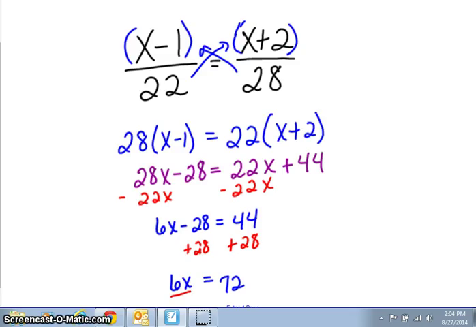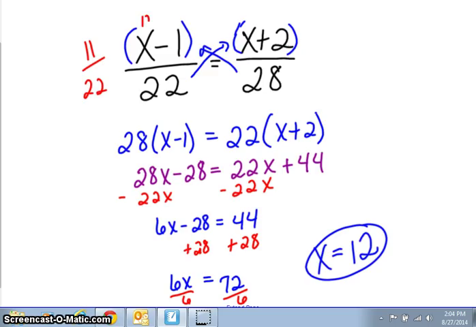And divide. Since we got a nice round whole number, let's go ahead and check our answer. If I take 12 and I plug it in for both of the x's, this side I get 11 over 22, 12 minus 1. This side I get 12 plus 2 is 14 over 28. Again, those both just happen to reduce to 1/2. They're not always going to be 1/2, but the two examples I just did were.